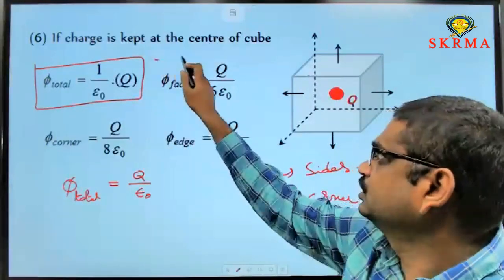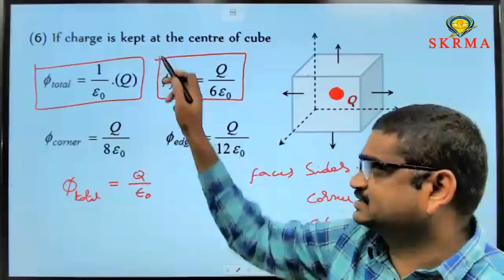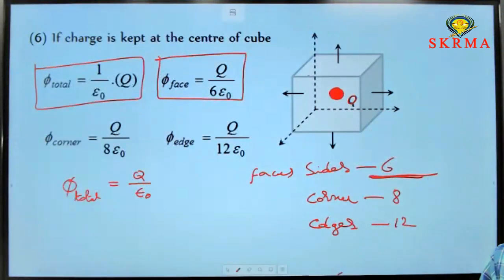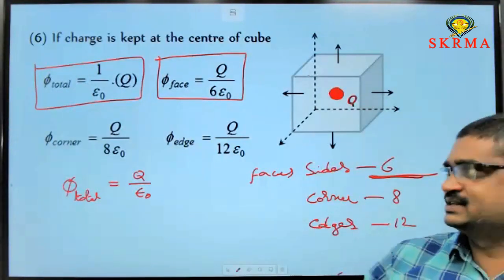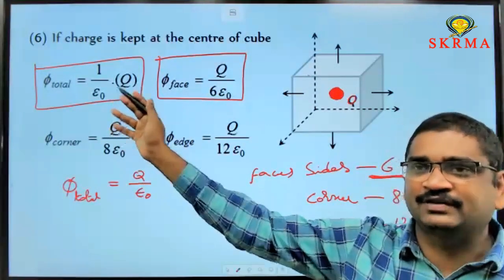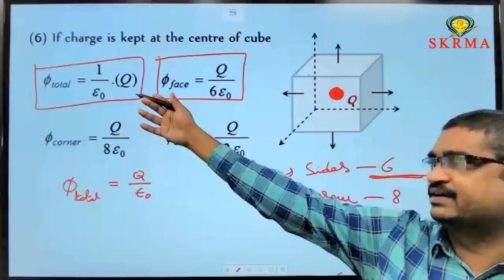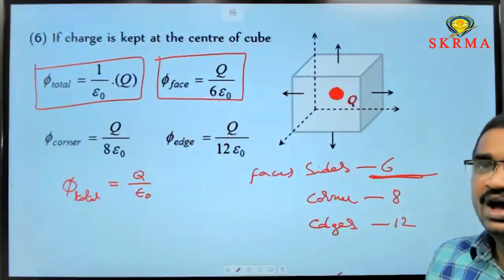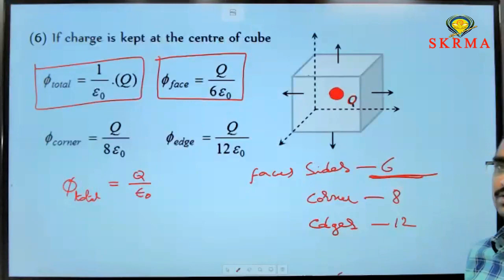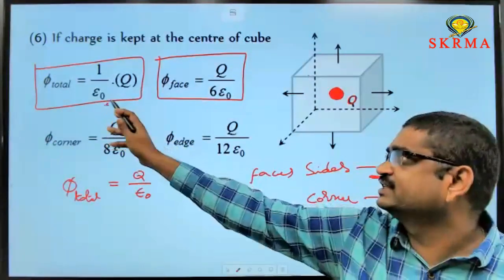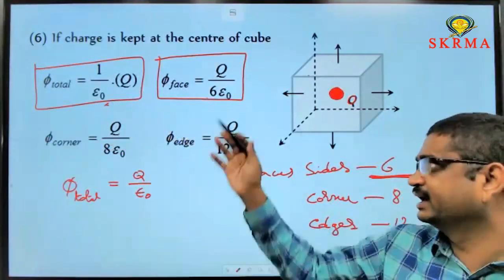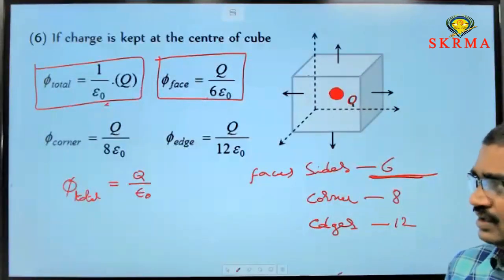So flux passing through each face is Q by 6 epsilon naught. Why? Because from all 6 faces, this is the flux. From one face, just divide this equation by 6 because 6 faces are there, then you will get Q by 6 epsilon naught.